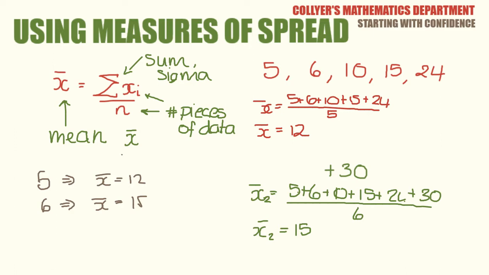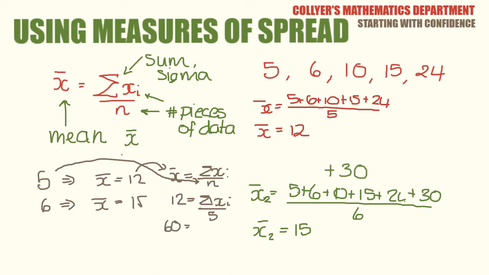I know that x bar is the sum of all my x values divided by my number of numbers. So if x bar is 12 and my number of numbers is 5, I should be able to say what the sum of all of my numbers was. Just popping your values into your formula, that gives us that 60 was the total sum.